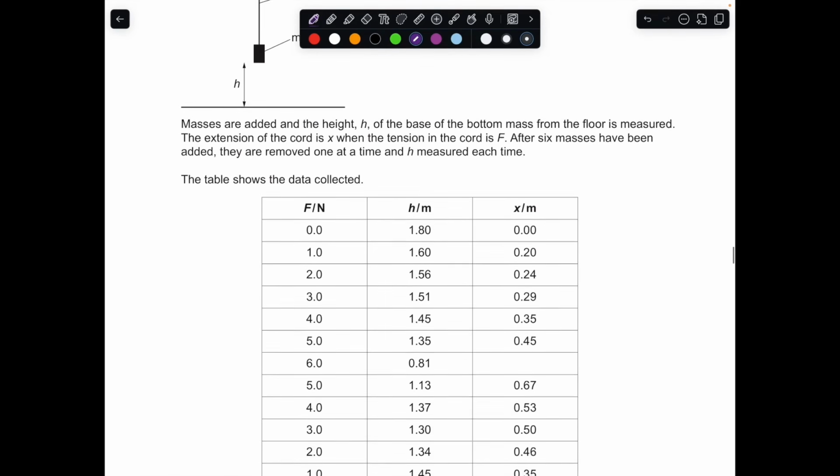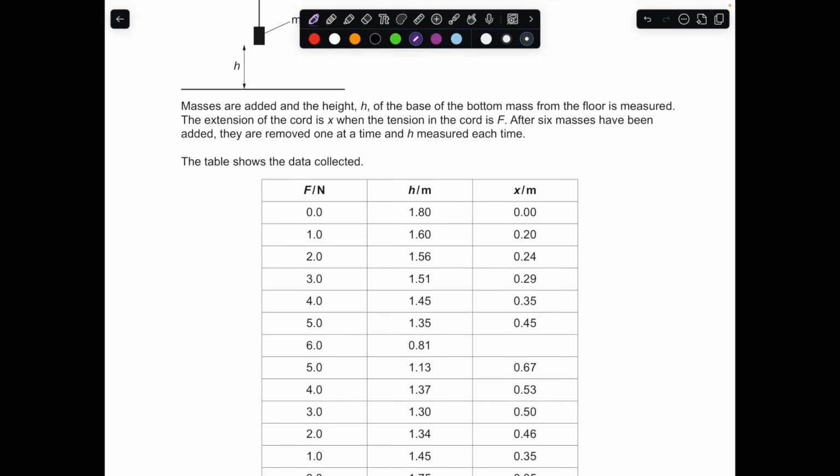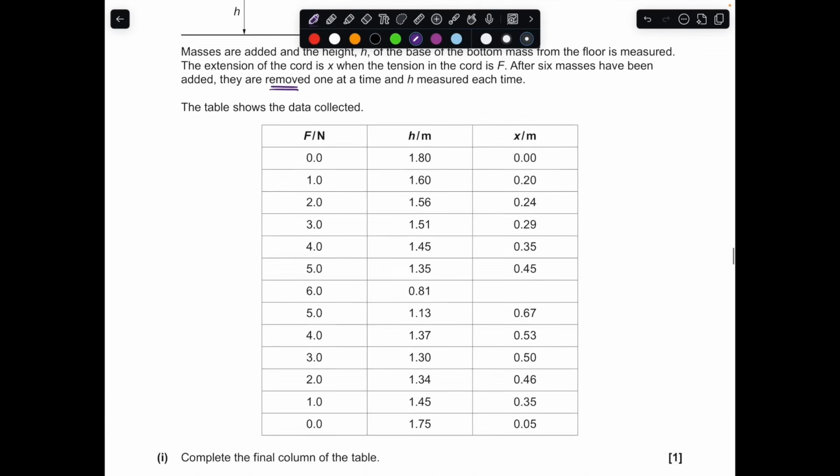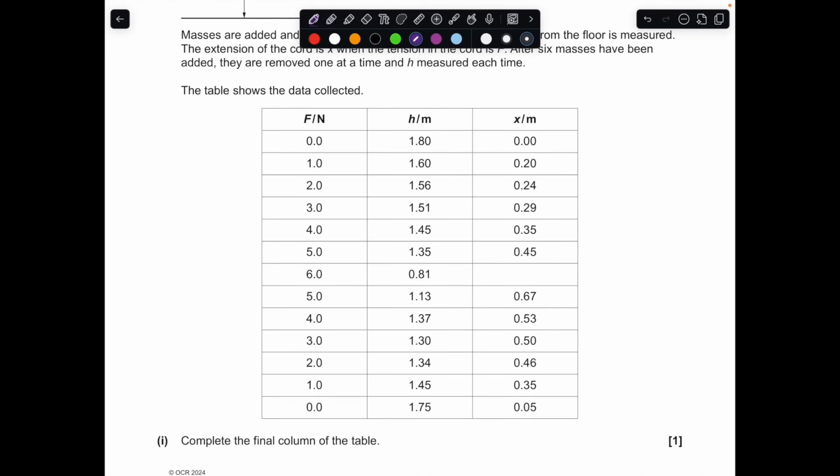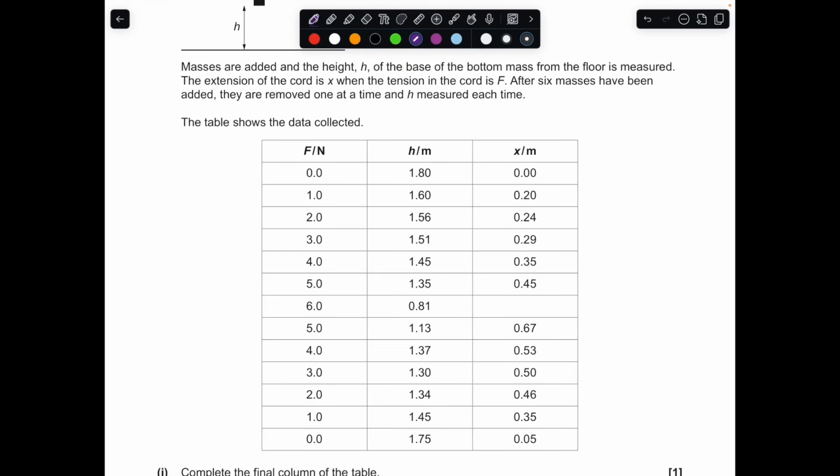It starts with the objects already attached, and now one at a time you are removing the masses so that we can see that there is a drop in height. We have to complete the final column of the table, and that is simply the extension for the force of 6 newtons. That's the difference between the two heights, and that will be 0.54 meters.